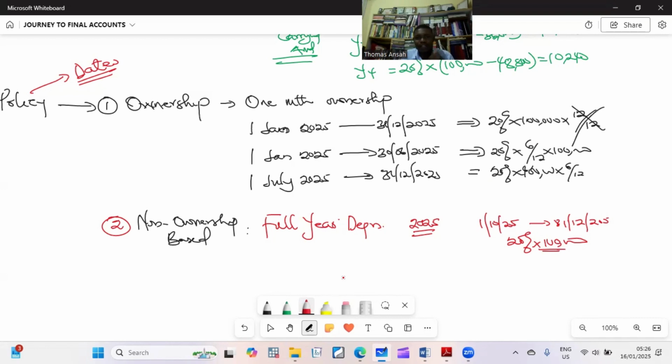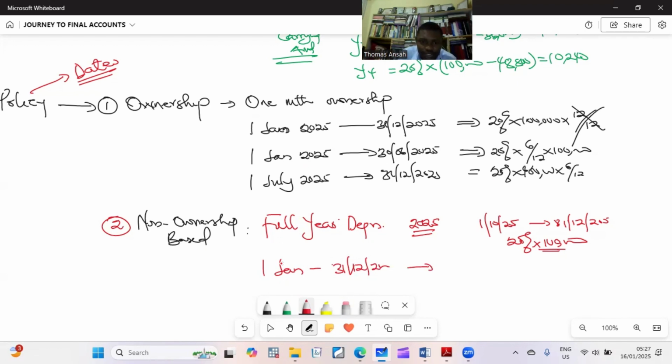All right, which means that if the asset is sold, you may not be owning the asset anymore. But listen to the policy. Full year depreciation if the asset is acquired, but in the year the asset is also sold, there is no depreciation. So if I bought the asset 1st January, and you are using it, you didn't sell it, and till December the asset is there, you charge full year.